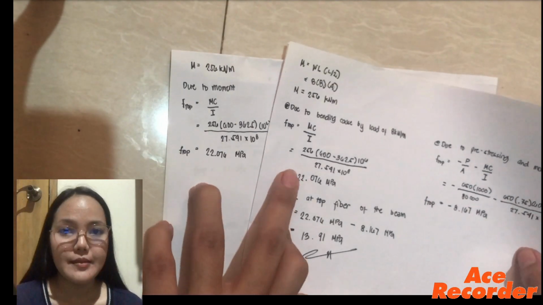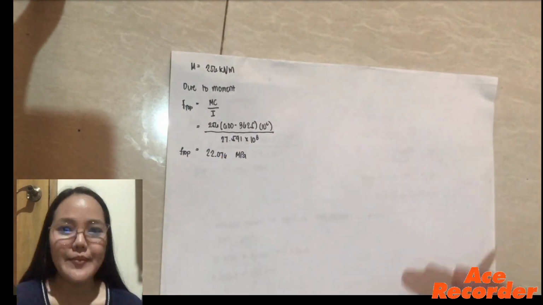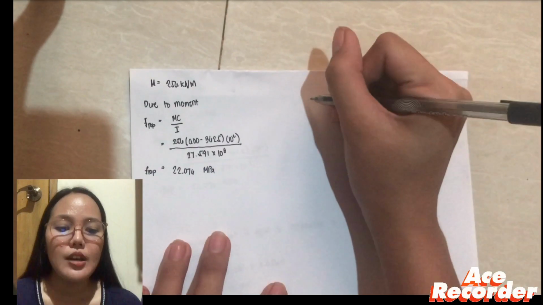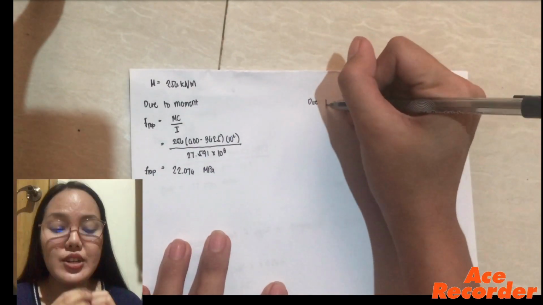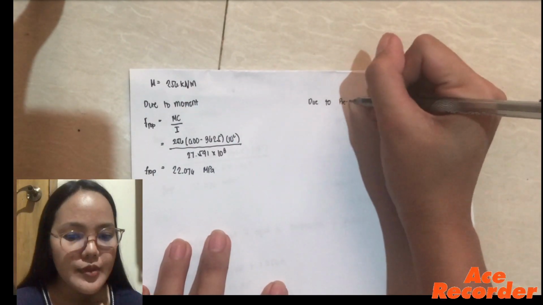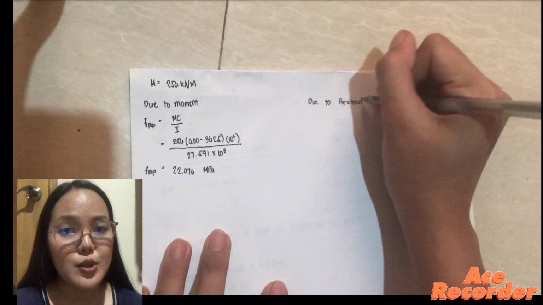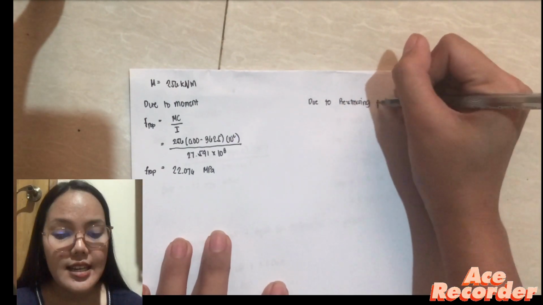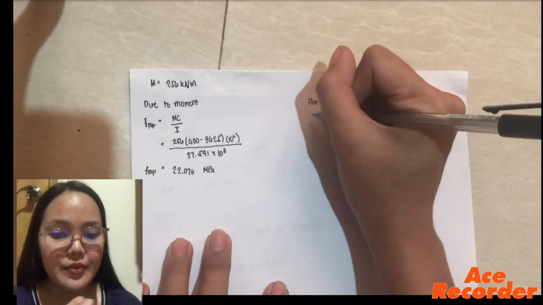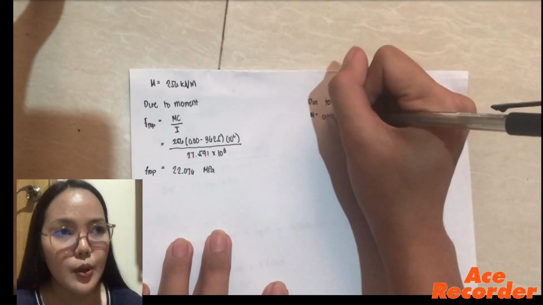Now, let's proceed to the due to the pre-stressing force. In due to the pre-stressing force, we have the 650 kN, and we are finding the eccentricity, so we will add the E at the end.